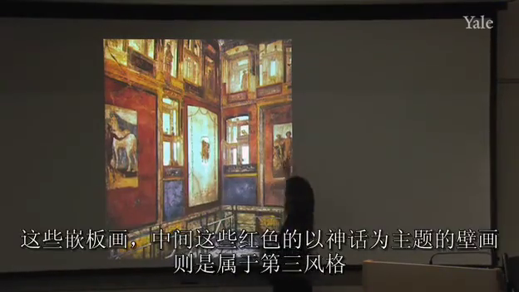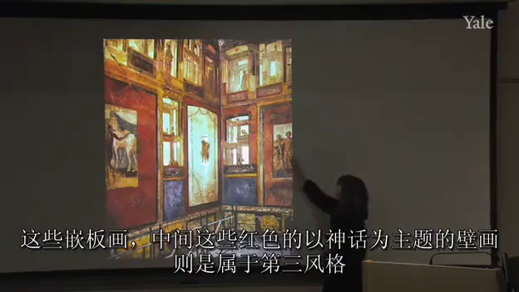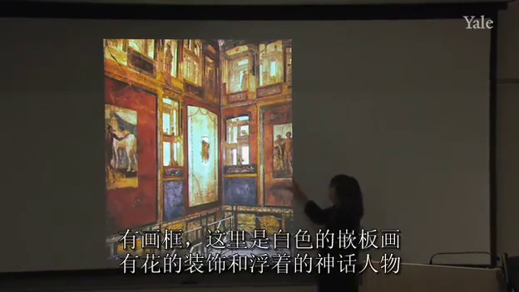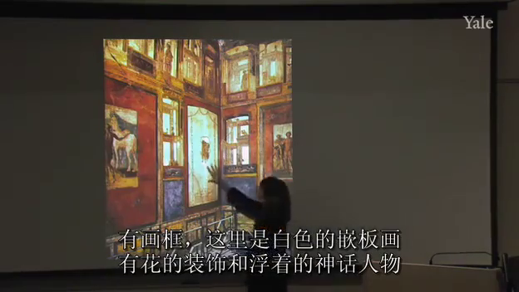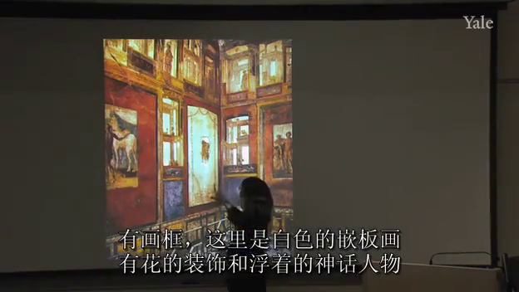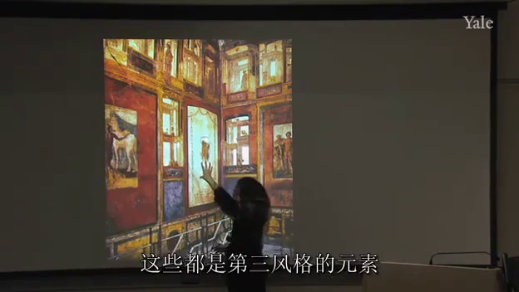Third style: these red panels with mythological paintings in the center with frames, and over here a white panel with floral decoration and floating mythological figures. Those are elements of the third style.